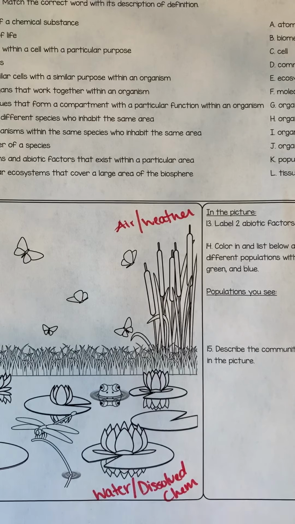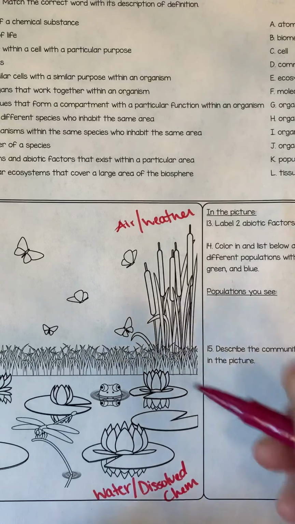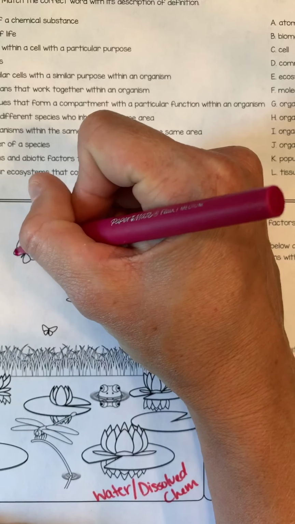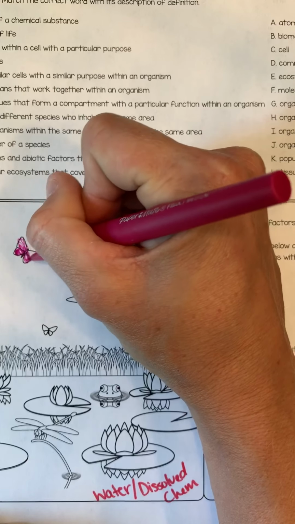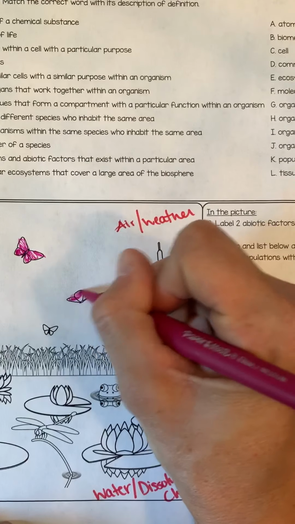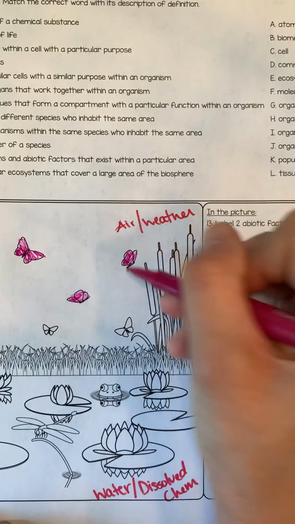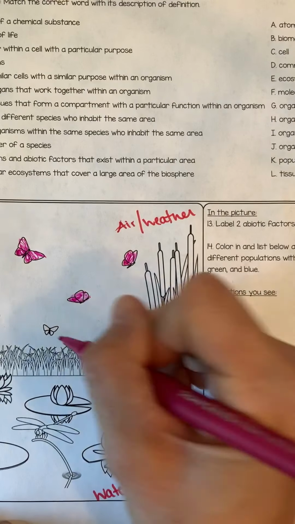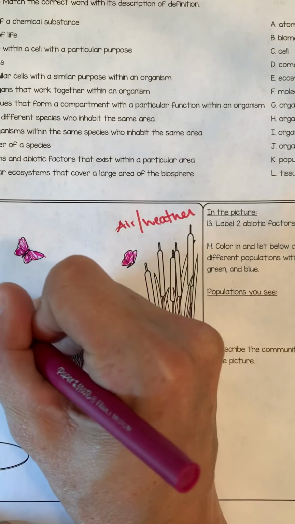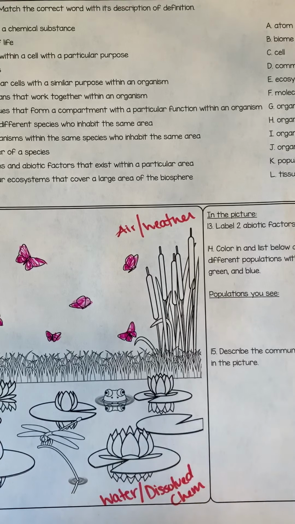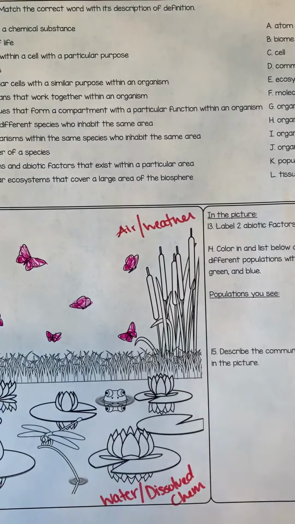So let me get those. One option here would be that you do purple. This is kind of magenta, not purple, but you could do the butterflies purple. That would be one population, and you'd color them all. You could choose green to be the lily pads.